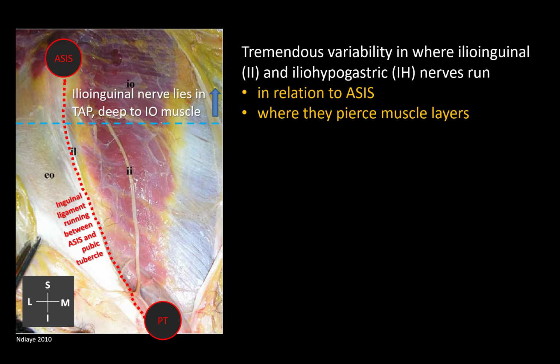While the ilioinguinal and iliohypogastric nerves initially lie in the TAP plane close to the ASIS, there is a huge amount of inter-individual variability in exactly where the nerves ascend to pierce the abdominal wall muscle layers and emerge into subcutaneous locations.